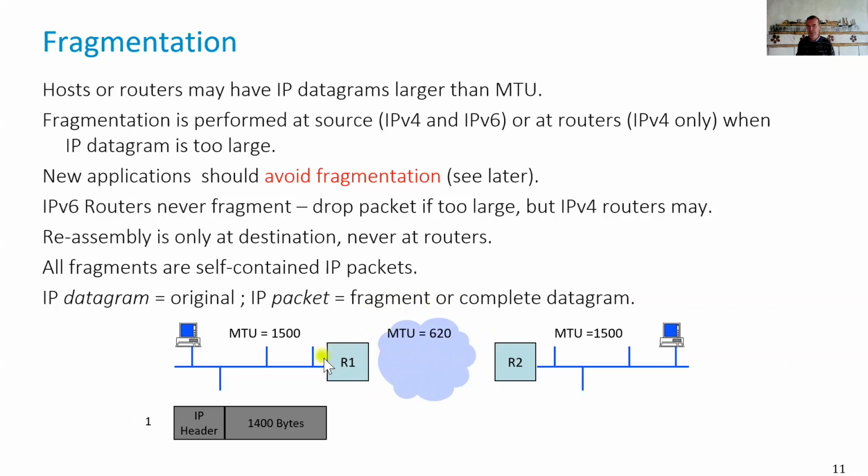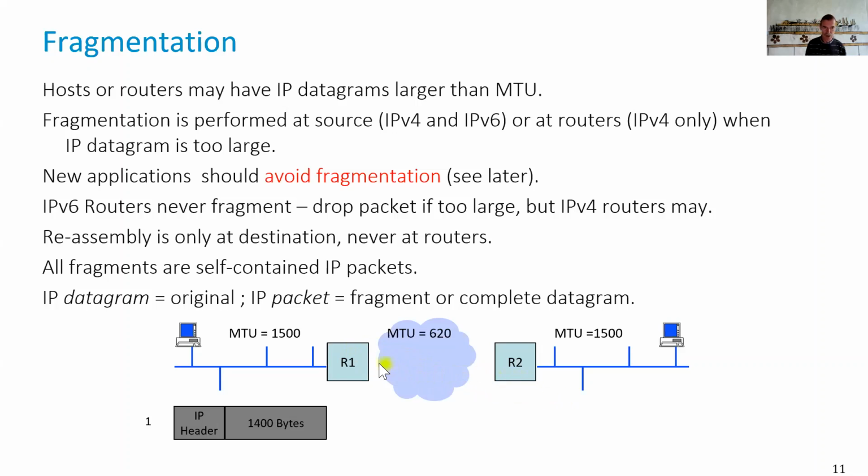This could happen typically when we have encapsulations or tunnels for virtual private networks that are not visible to the end system, but are visible, for example, to your ADSL modem here. In a case like this, there might be problems if this host generates a packet that is too large to fit on the path between R1 and R2.